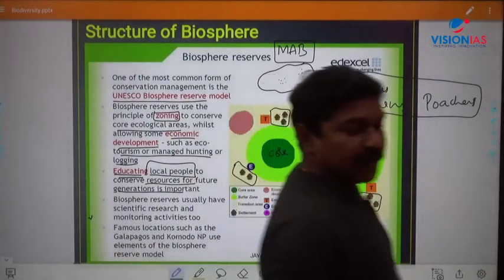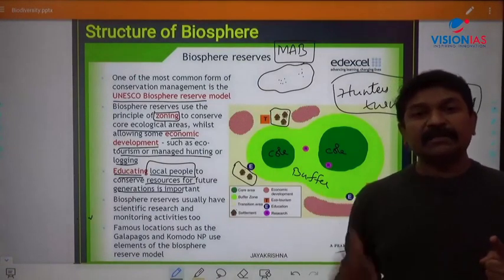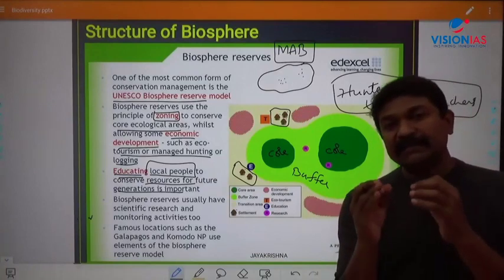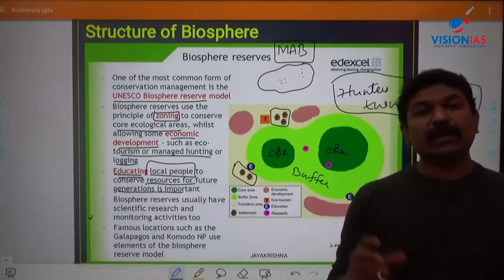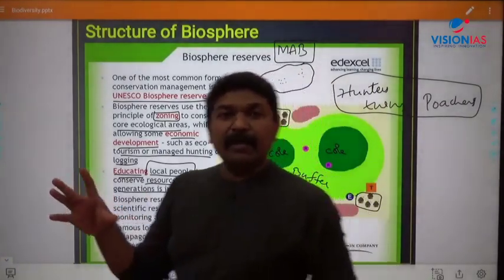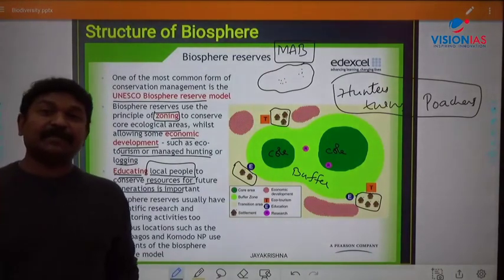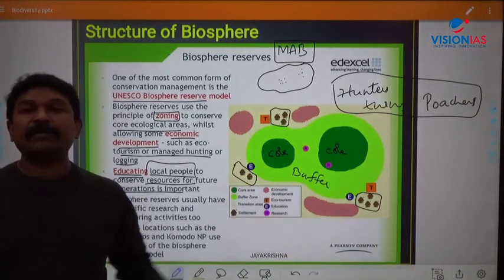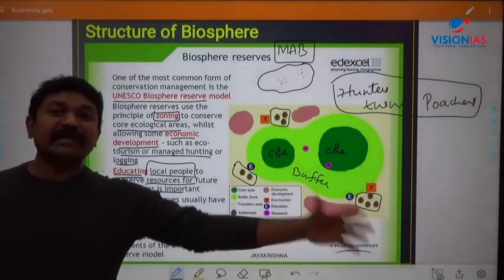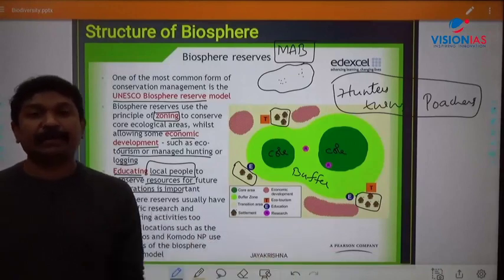Simply in one statement, in the core area, educational research is allowed, whenever you want to study some genetic resources, that is, species which are not available in every area. For such research purposes alone, the people will be allowed. Within 1 hour, 2 hours, 3 hours, they need to come back. They are not allowed to stay for a prolonged time period there.